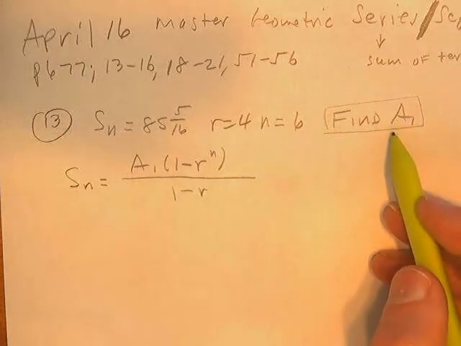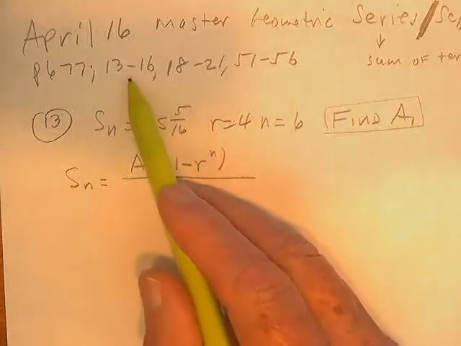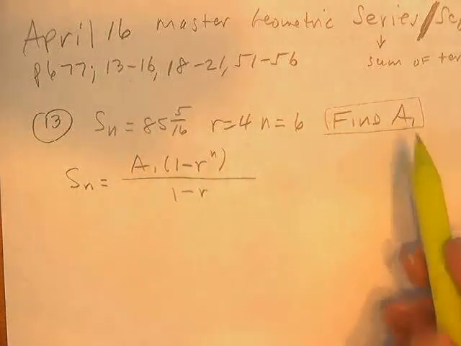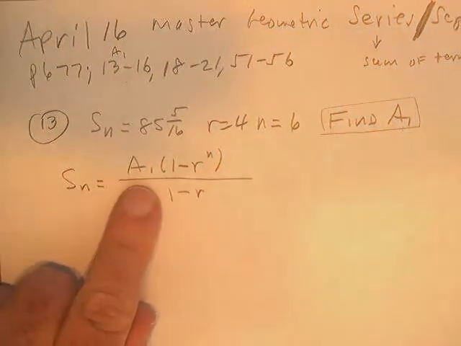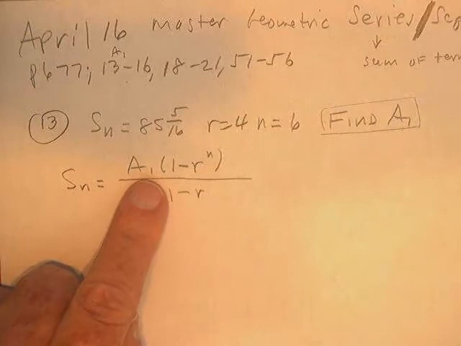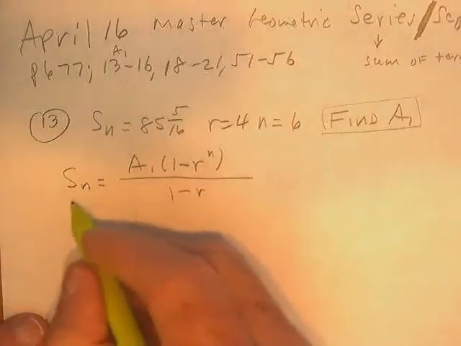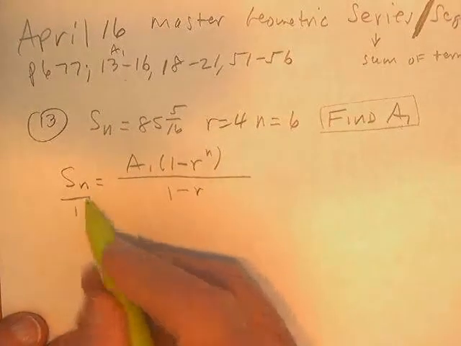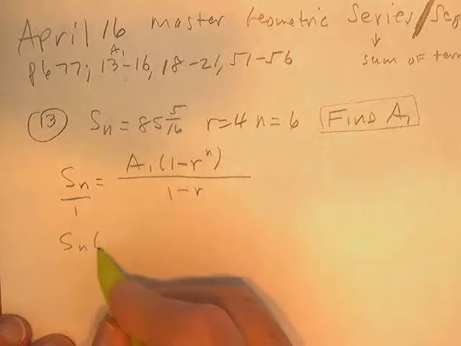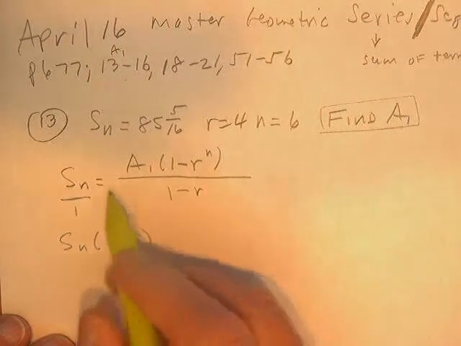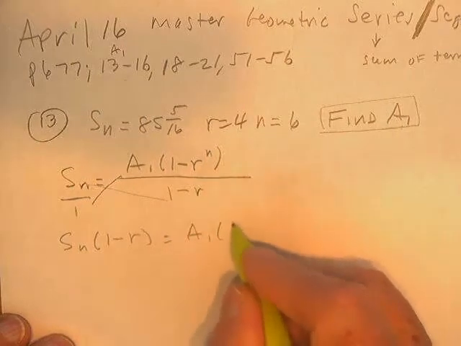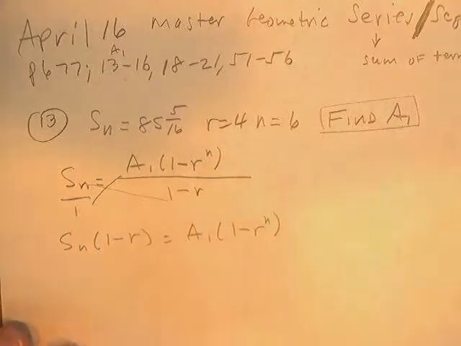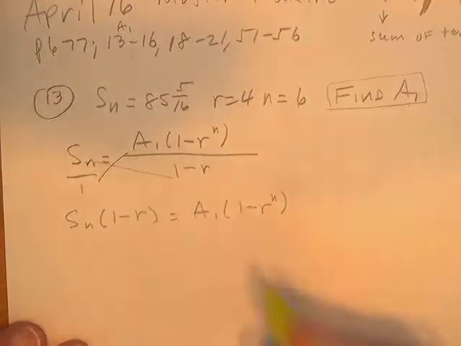But on this first bank of 13 through 16, you want to find A1. All of these find A1. Well, there it is right there. A1. Well, let's redo our formula before we begin. Let's cross multiply, and I get that.